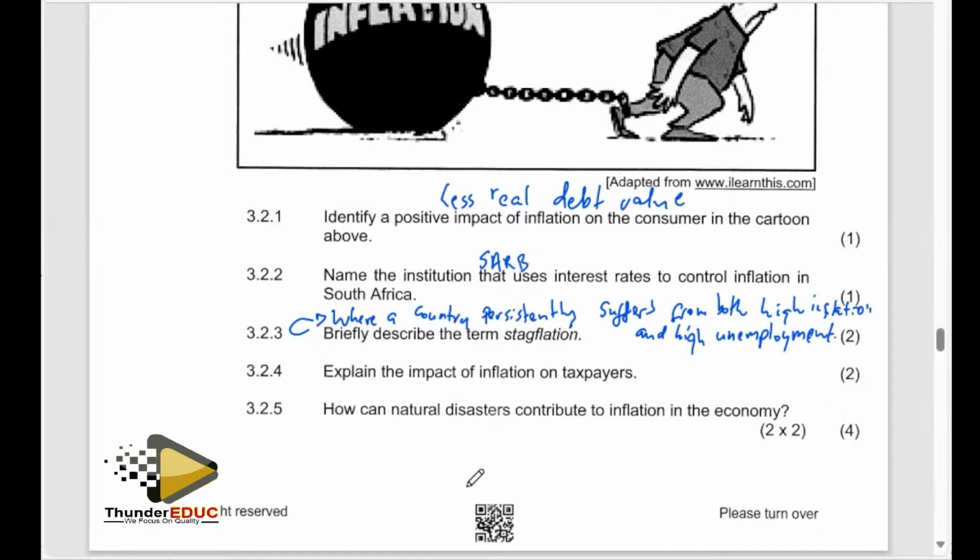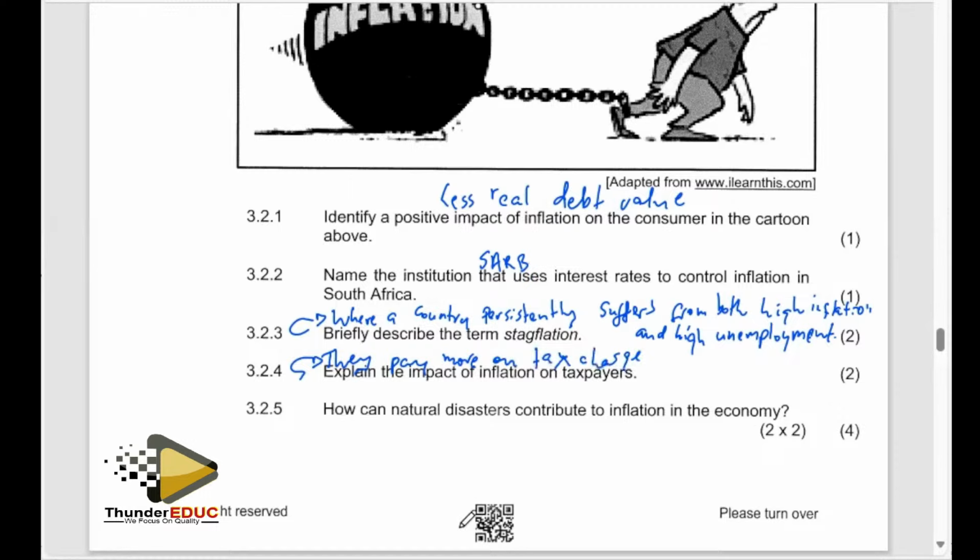So it means that the value of money is going to decline. In that regard, taxpayers are going to pay more on tax charge.